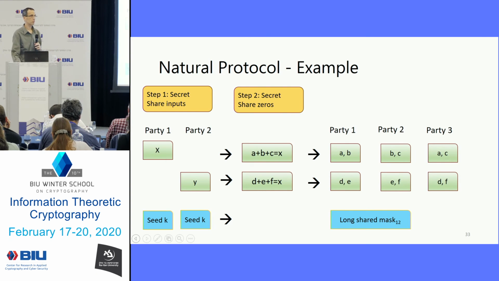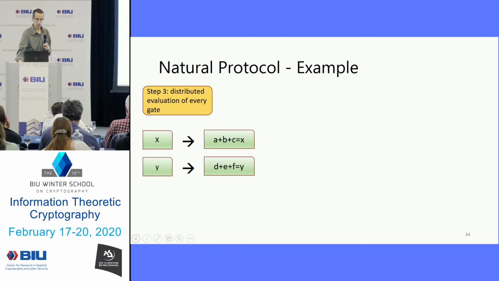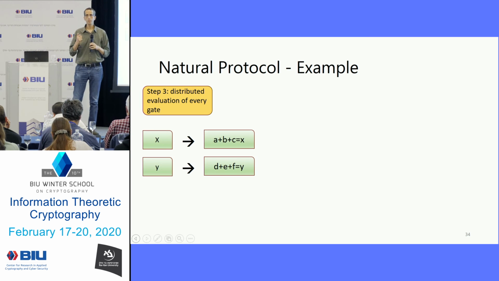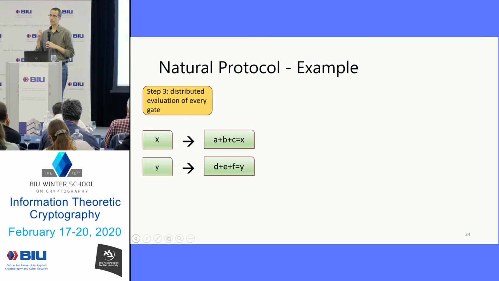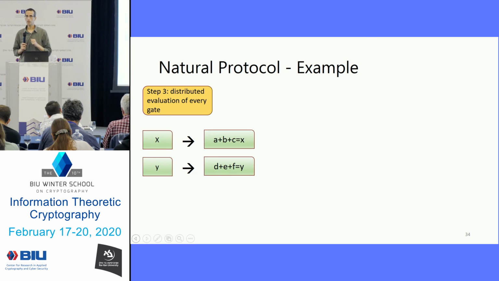So these were steps 1 and 2, and now the parties are ready to evaluate the circuit. We have two possible gates, addition and multiplication. Evaluating the addition gate is very easy.